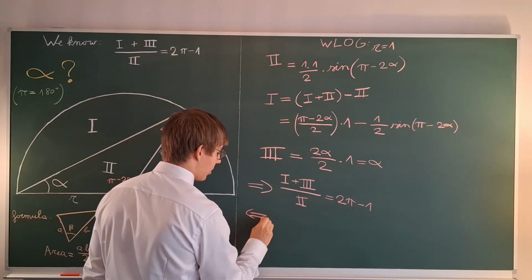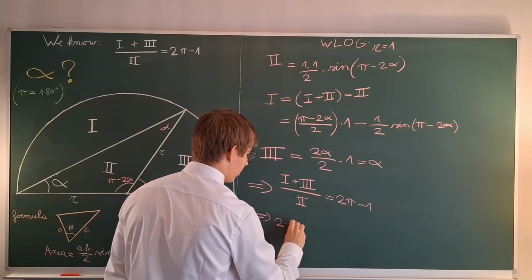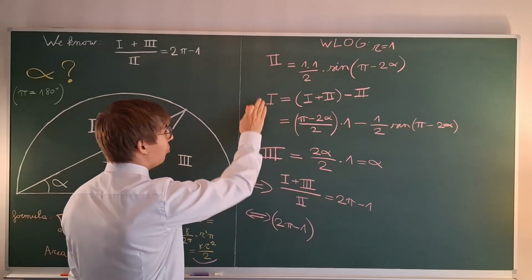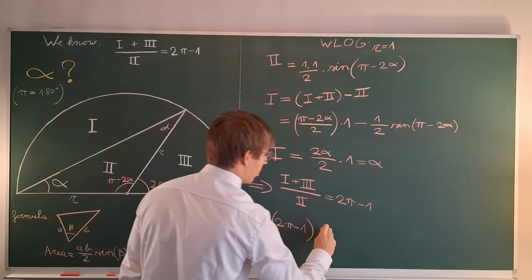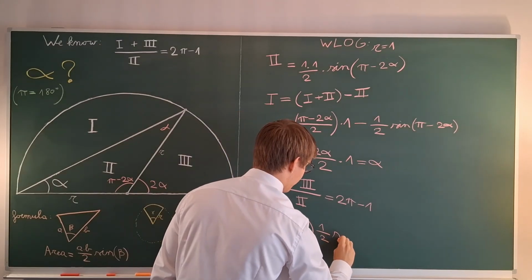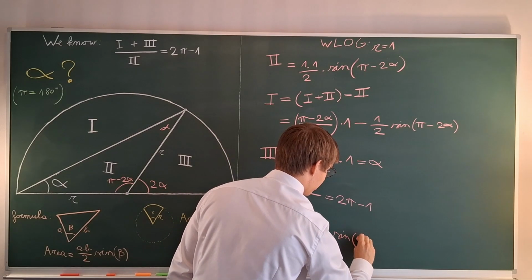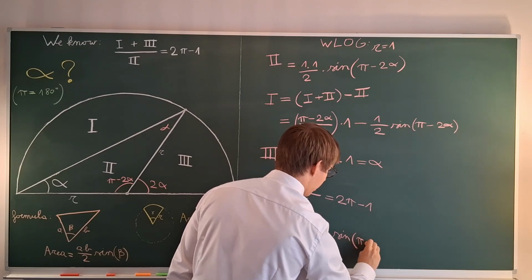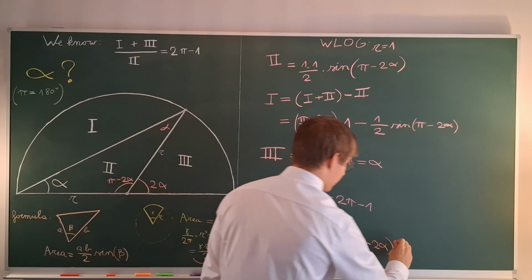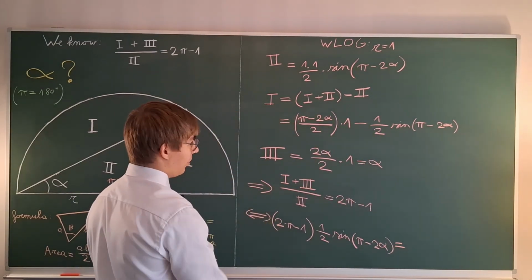So this gives us that 2 pi minus 1 times 2, which is 1/2 times the sine of pi minus 2 alpha, is equal to 1 plus 3.